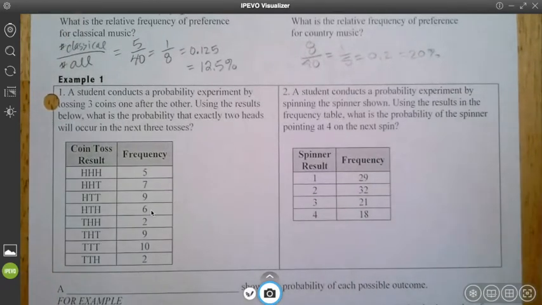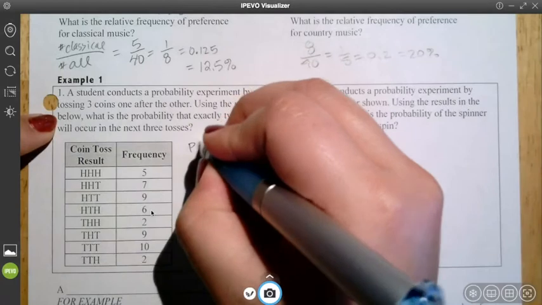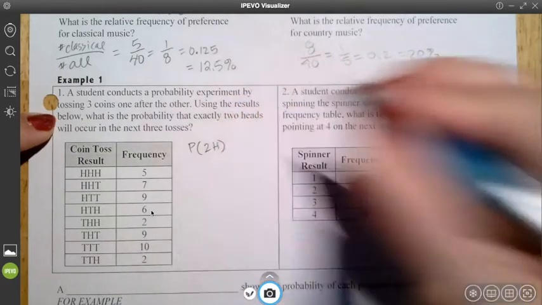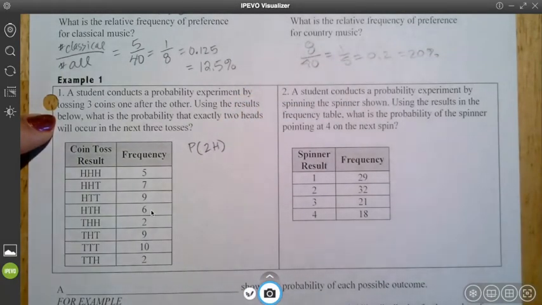A student conducts a probability experiment by tossing 3 coins, one after the other. Using the results below, what is the probability that exactly 2 heads will occur in the next 3 throws? So here are our results, and we want to know the probability of 2 heads. Not up to 2 heads, not 1 or 2 heads, but exactly 2 heads.